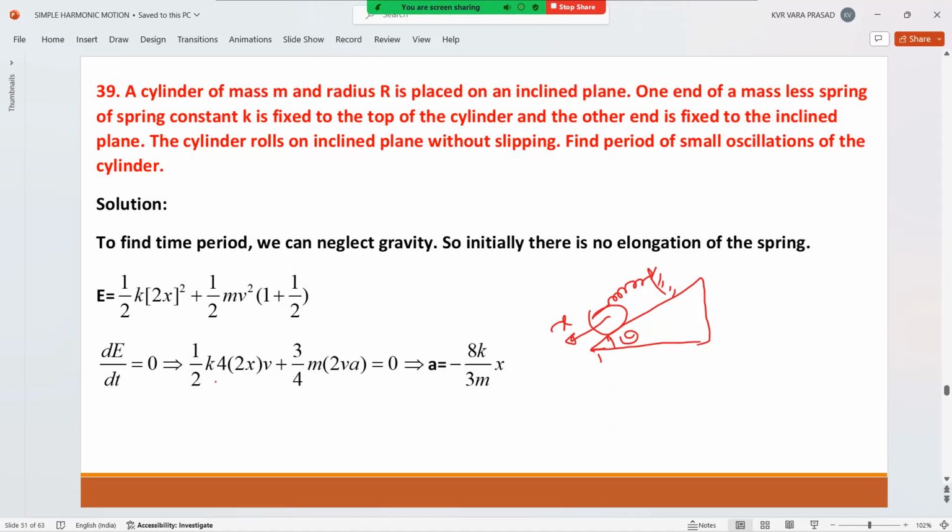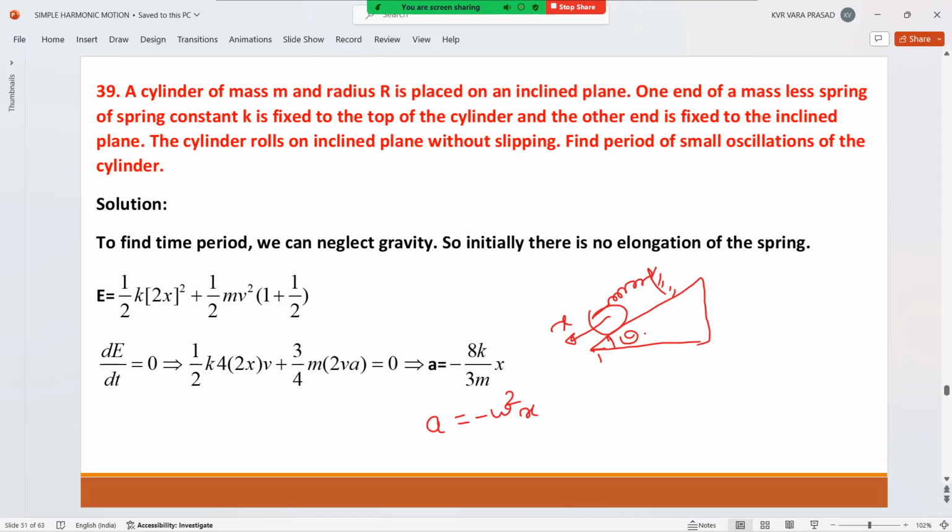Now differentiate this. Half into k into derivative of 2x square, right? And remaining part. After making calculation, we got here a equal to minus 8k by 3m into x. So it is of the form a equal to minus omega square into x. Remember here theta is not given.